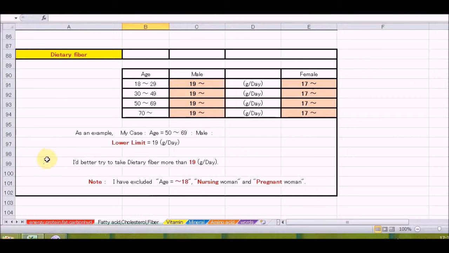And so I had better try to take dietary fiber more than 19 gram per day. Again, I have excluded age under 18, nursing women, and pregnant women.